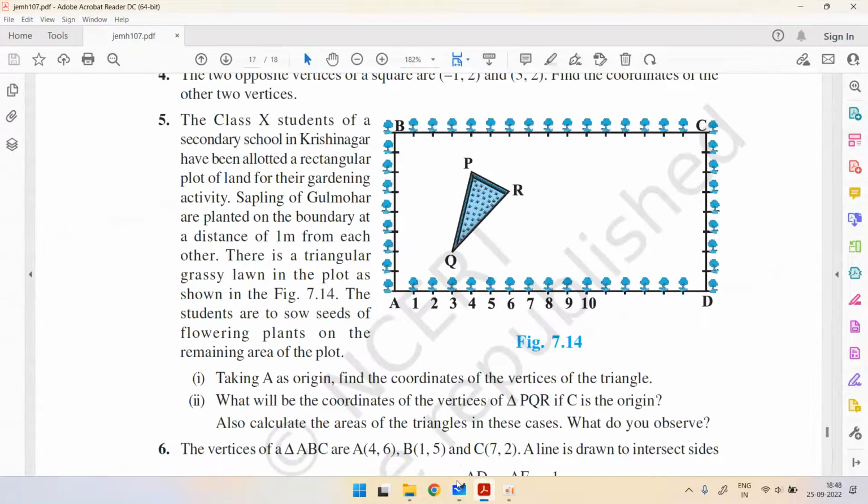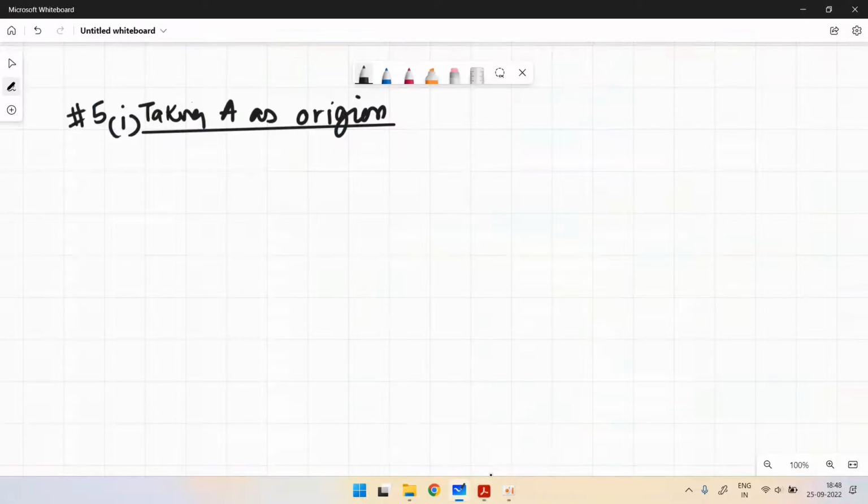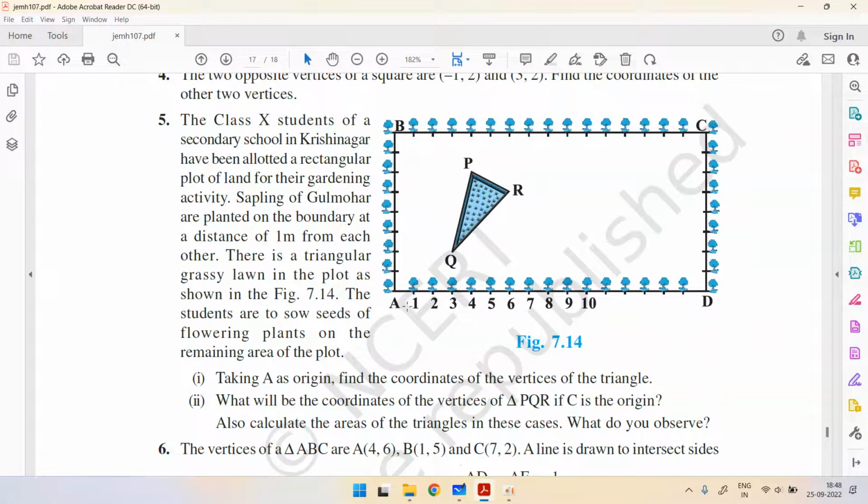The coordinate of P will be x comma y. If you take P, the x coordinate is 4, 1 2 3 4, and what is y?